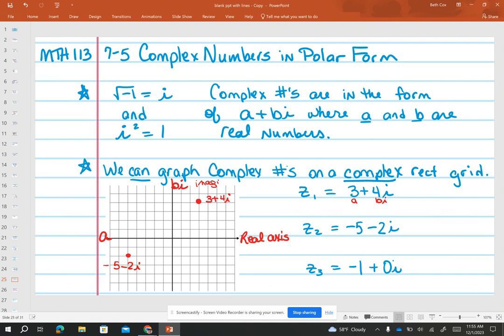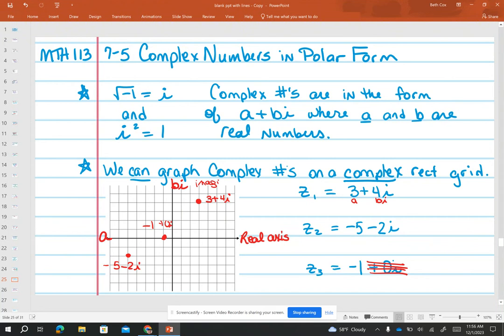And z3 would be -1 plus 0i, -1 on the real, and 0. So there is z3, -1 plus 0i. Now, we generally don't write the 0i because all real numbers are technically complex numbers, because the i part would be 0.